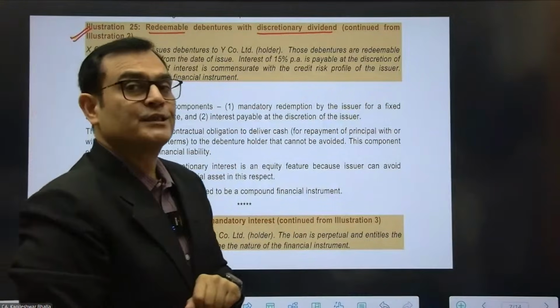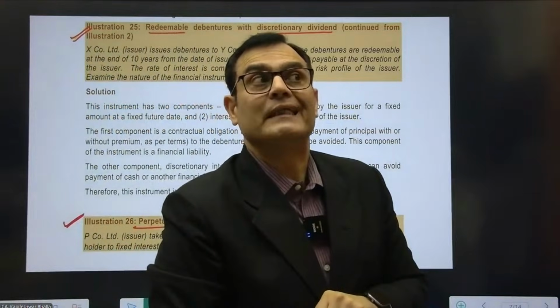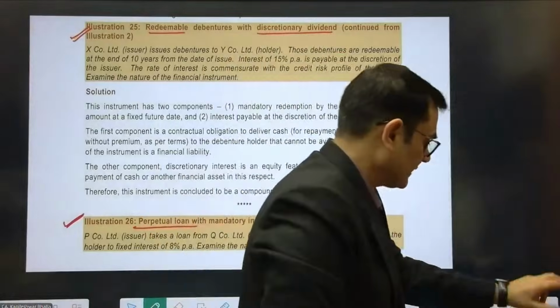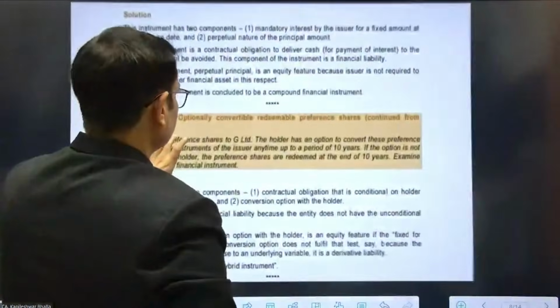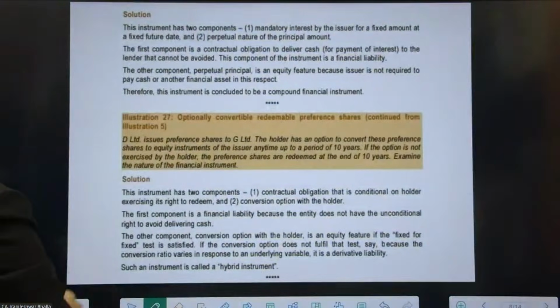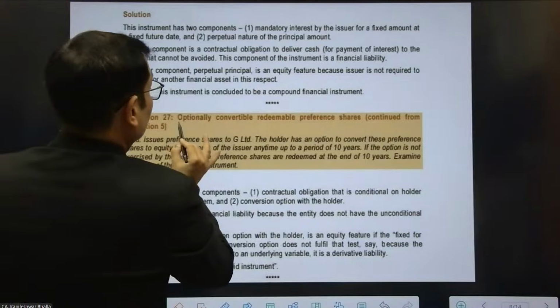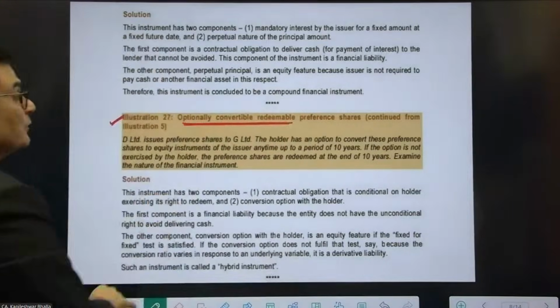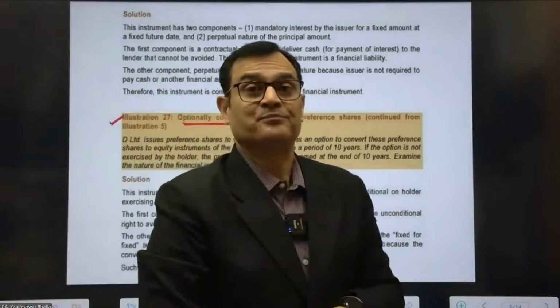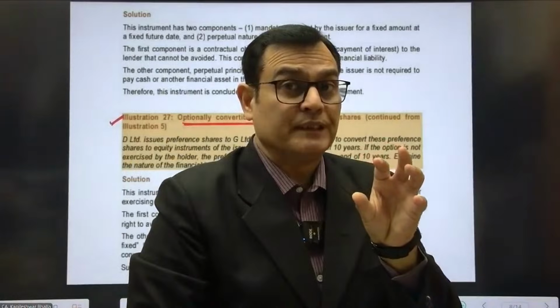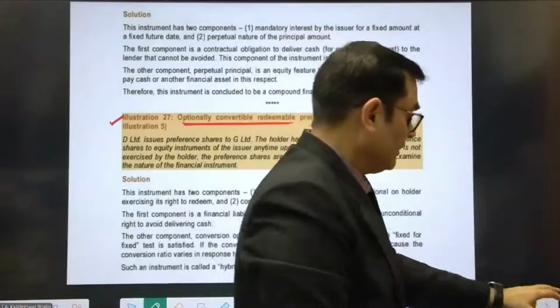Agenda number 1, the second category, perpetual loan, depends whether the coupon rate and market rate are the same or not. That's done. Then I came to illustration number 27, where we were talking of optionally convertible, the third case in agenda number 1, which has a derivative embedded, and we said the derivative, if it is equity, is not segregated. Done. So these were the 3 kinds of questions we saw.